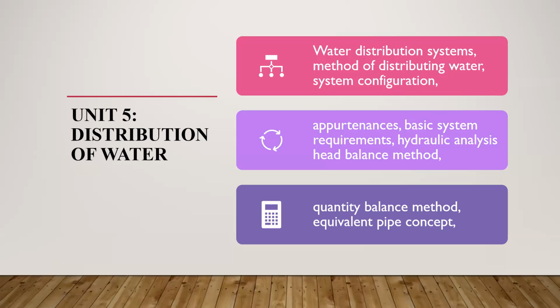In that first, we are going to study water distribution systems, methods of distributing water, then system configuration, appurtenances, then basic systems, then requirements, hydraulic analysis, head balance method, then quantity balance method, and equivalent pipe concept. On the equivalent pipe concept, we need to solve 1-2 examples.